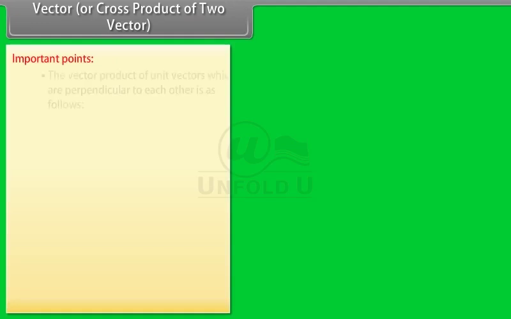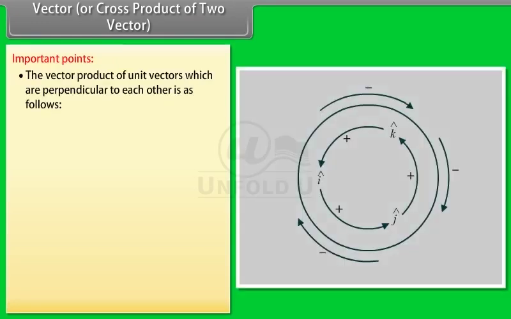Important points. The vector product of unit vectors which are perpendicular to each other is as follows. Cap I cross cap I equals cap J cross cap J equals cap K cross cap K equals vector 0.